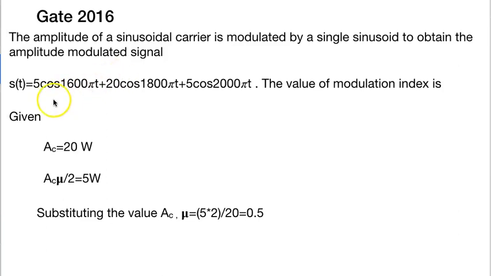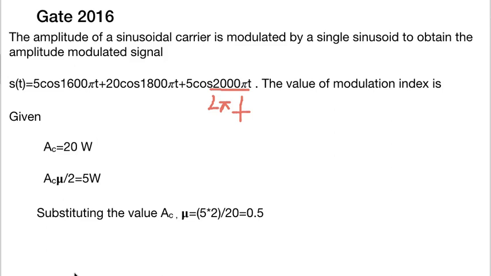So moving forward, we see that S(t) is an AM signal, just like a modulated signal, having 3 frequency components at 1800, 1600 and 2000. Its actual frequency, if we divide this in 2 pi by F, then F will be equal to 1000 in this case, 900 in this case, and 800 in this case.